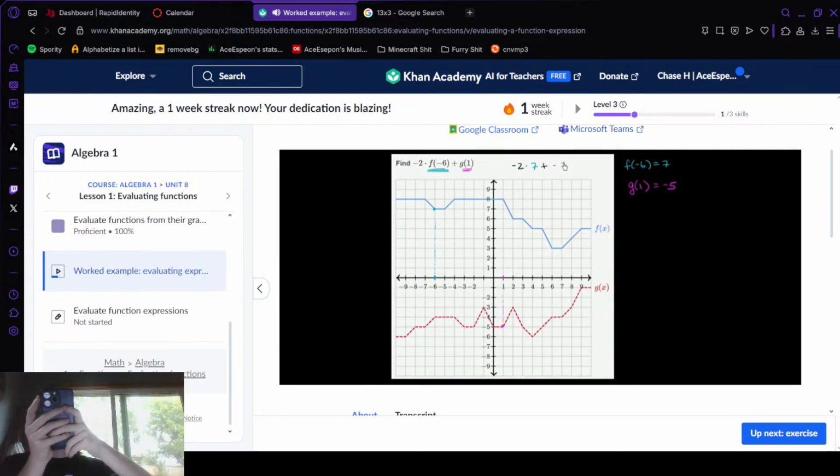So plus negative 5, which simplifies to, let's see, negative 2 times 7 is negative 14 plus negative 5, which is negative 19. And we are done.